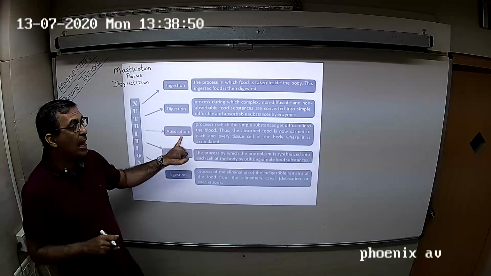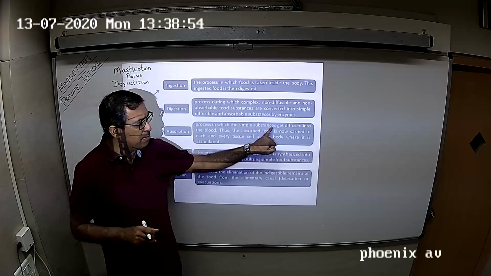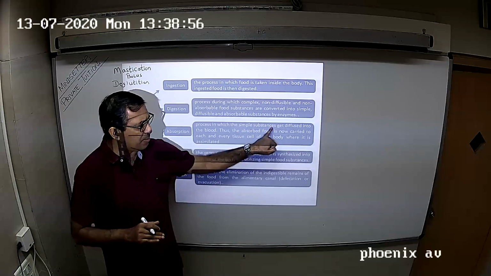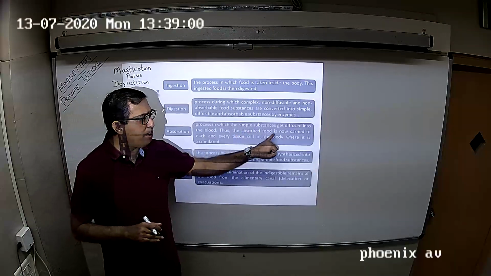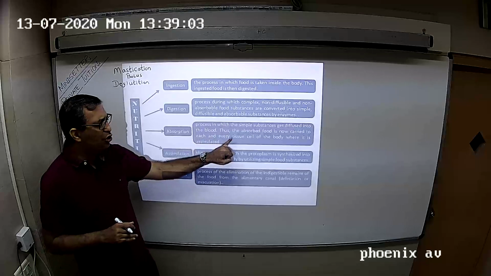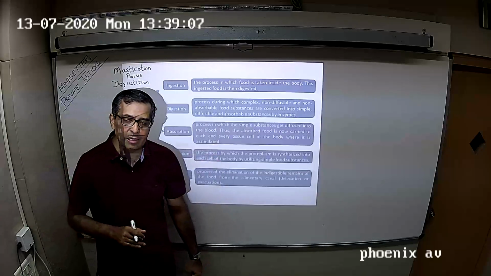Then we have absorption. Absorption is a process in which simple food or simple substances diffuse into the blood and the absorbed food is now carried to each and every tissue cell of the body where it then undergoes assimilation.